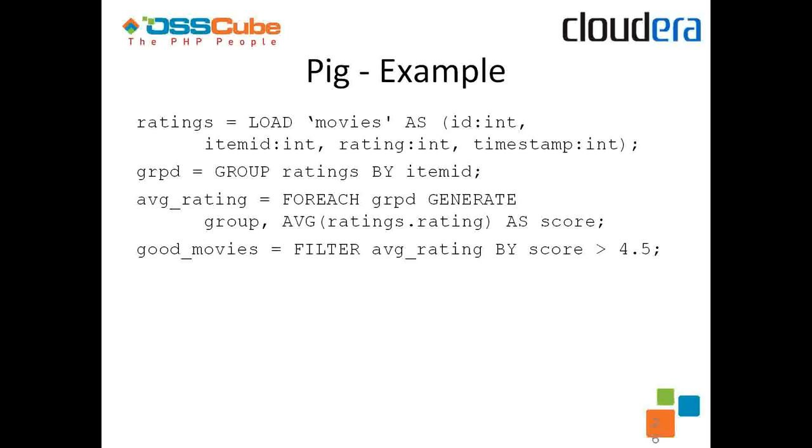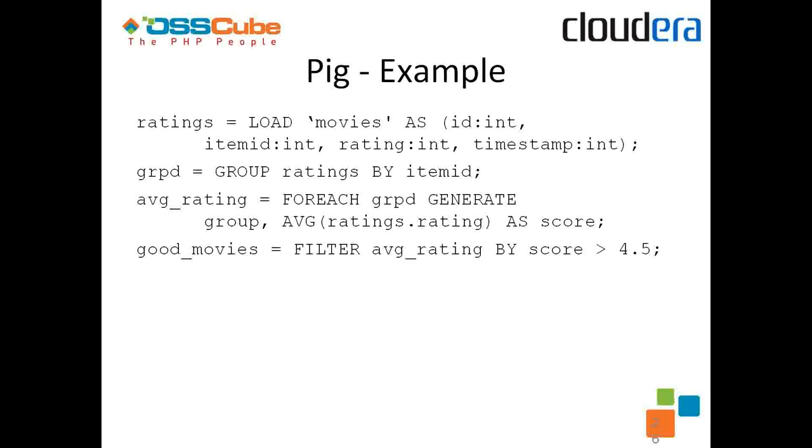So this is what a Pig script looks like. First thing you do is, for instance, you load the movies folder. After load is actually a folder which sits on HDFS, or you can load from local if you have a file that sits on your local machine, not necessarily on the cluster.